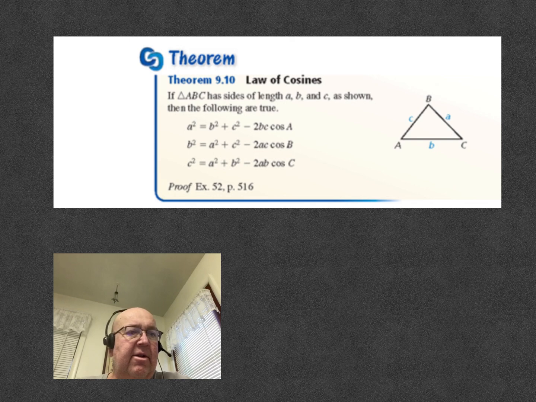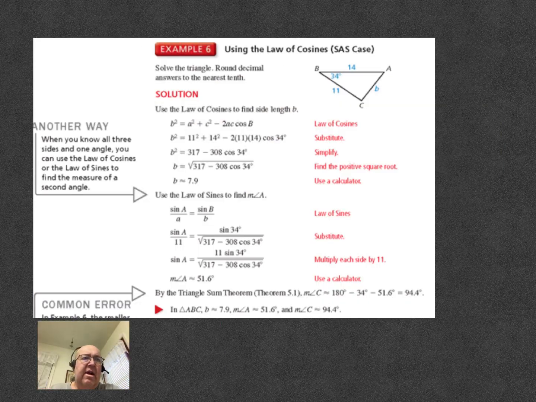So let's take a look at this as we put it in practice. In this case, we have side A is 11, side C is 14. We're looking for side B, and then we're going to find the other two angles to solve the triangle.